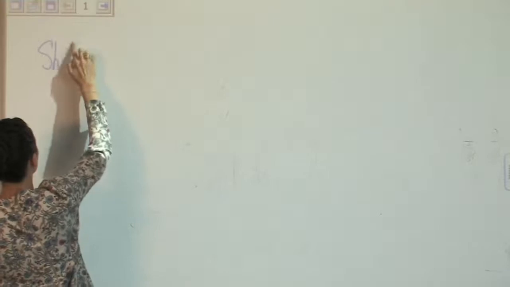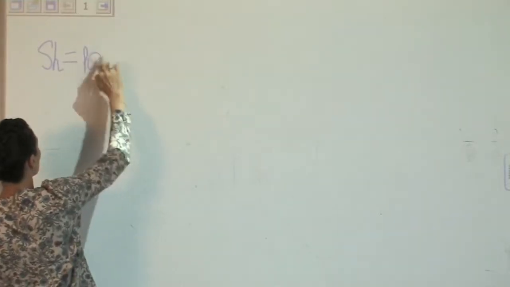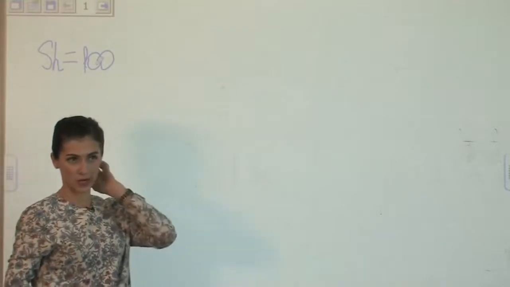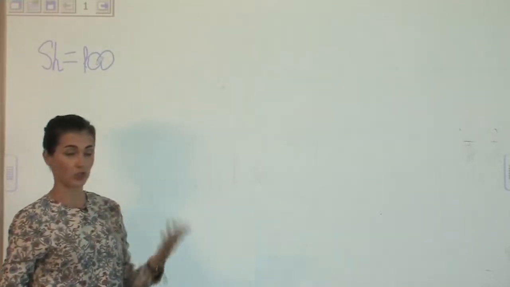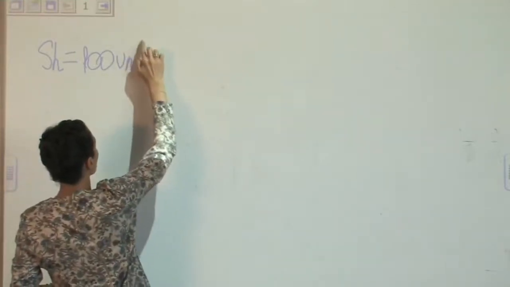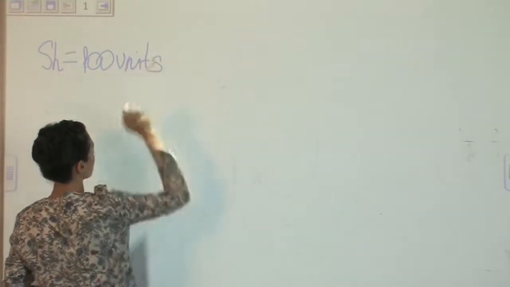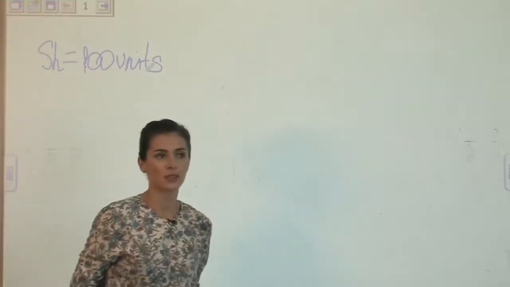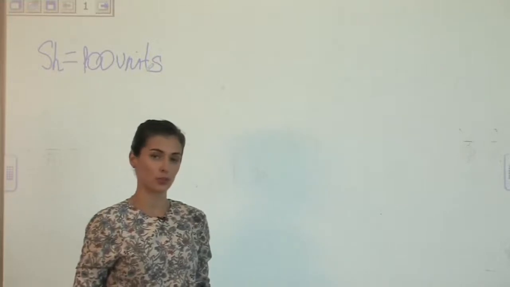So the share at the beginning, when the PAMM account has already opened, but a manager didn't trade, is equal to 100 units. Units, it's dollars, euro, or GLD, depends on the PAMM account denomination.